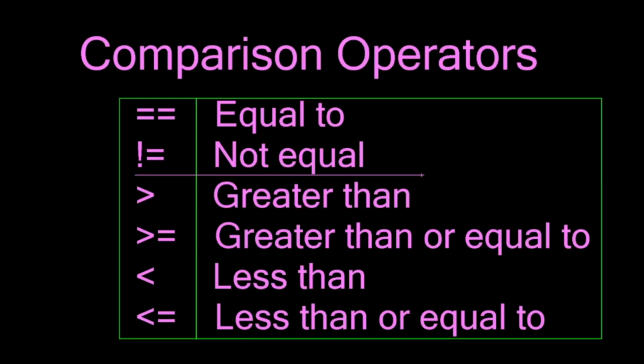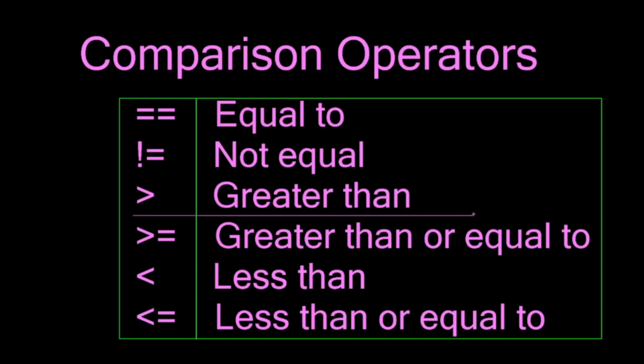If they are equal, 1 to 1, then we have false. Example, again: is 7 not equal to 5? Definitely, so true.